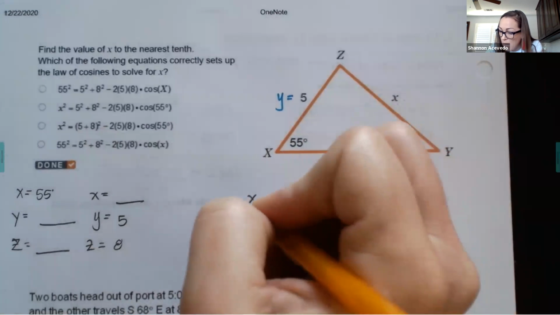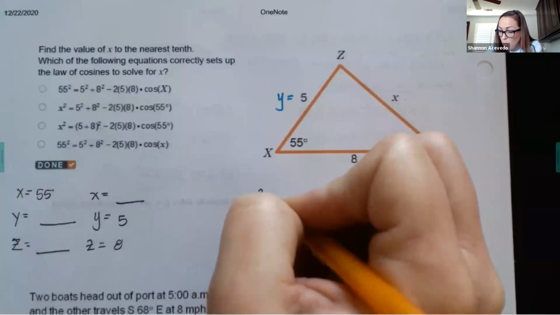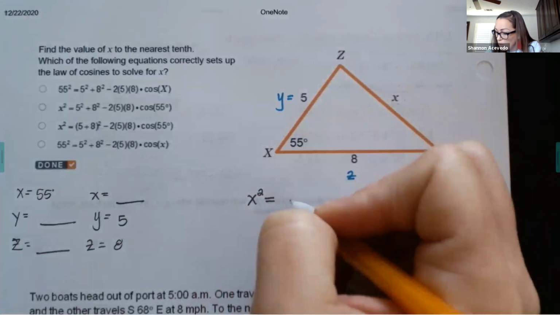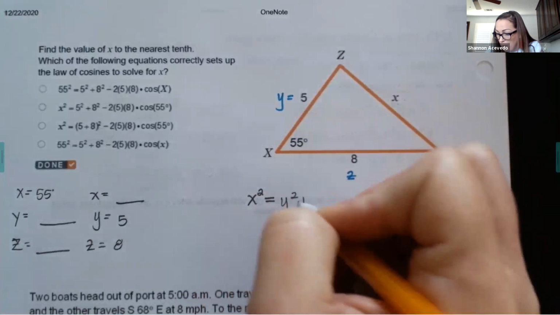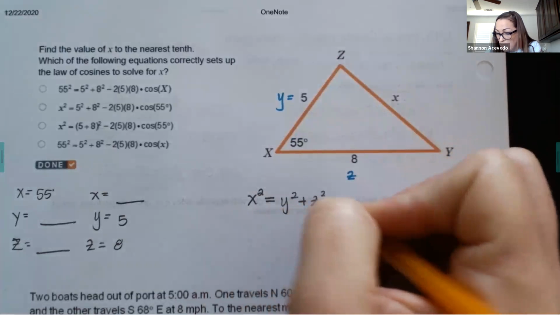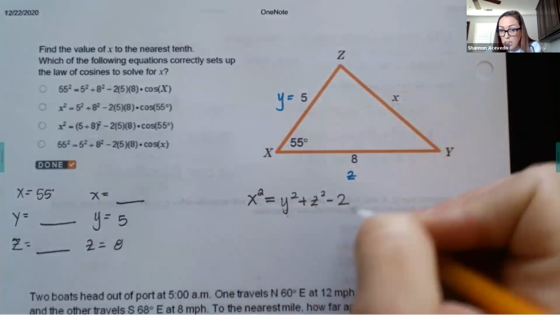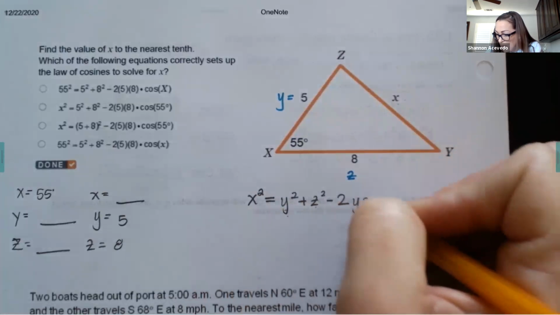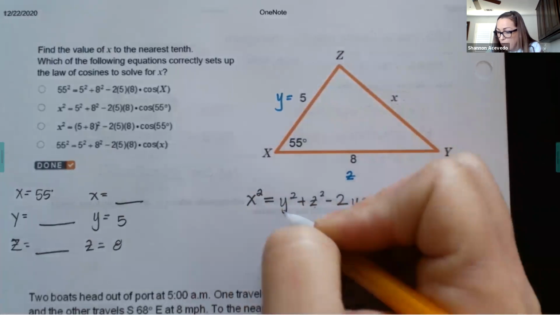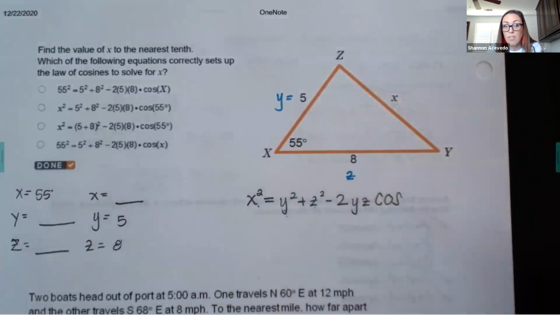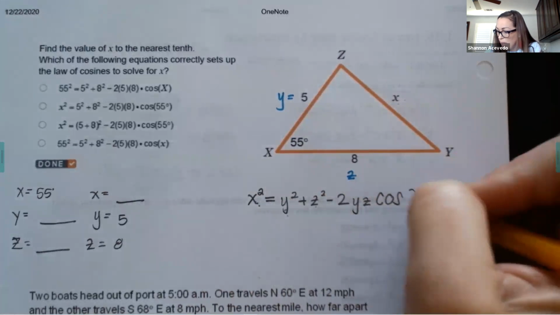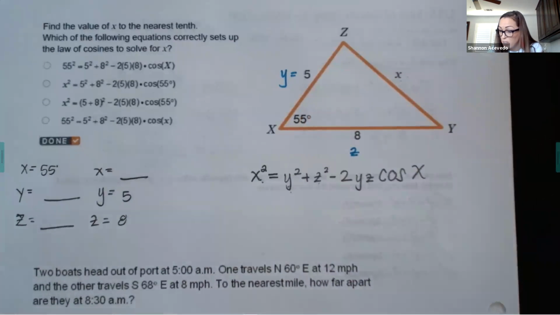So how do I know what it's going to be? Well, remember, x squared is equal. Now I use the two other sides. So it's y squared plus z squared minus 2yz cosine of the angle of the side that I'm looking for. So x. I plug in all the values that I know.